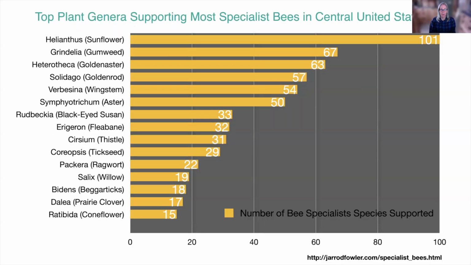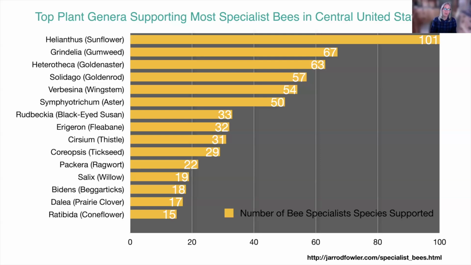And let's take a quick look at some of the top plant genera that support the most bee specialist species. And this is for the central US, so the Great Lakes area south to Texas. And as you can see, many of the plant genera listed on this slide are plants that belong to the family Asteraceae, or the composites.